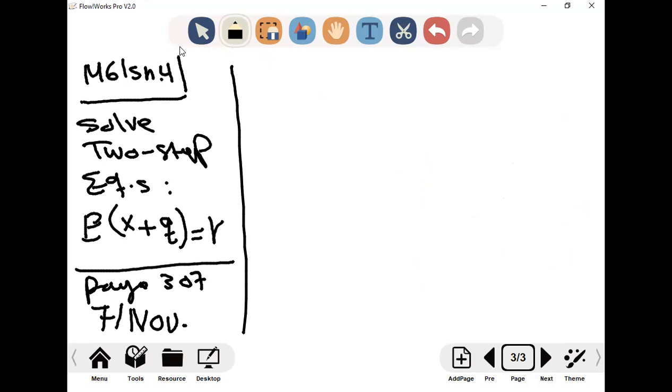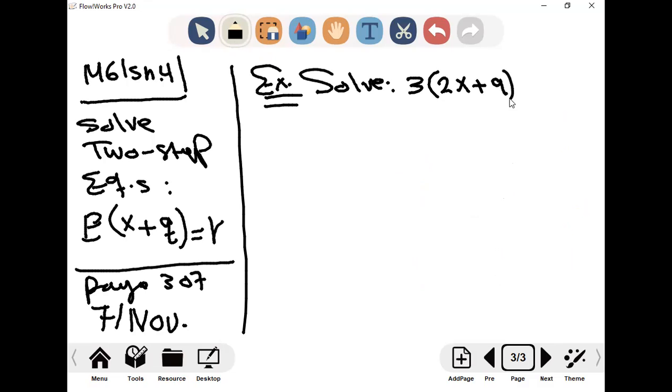For example, solve the equation 3 multiply 2x plus 9 equals 30. First step, we distribute the 3: 3 multiply 2x, 3 multiply 9.